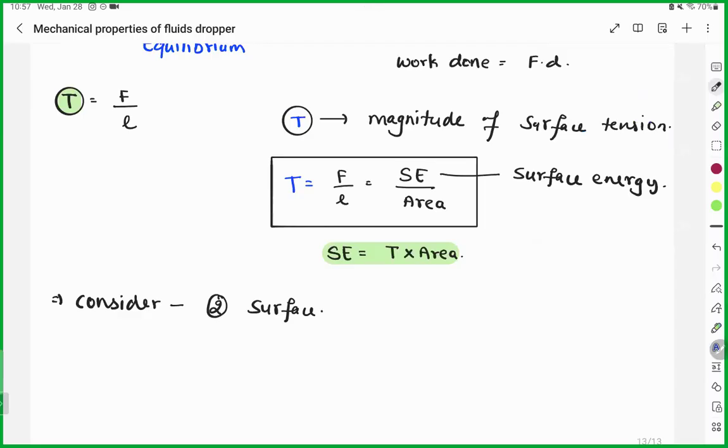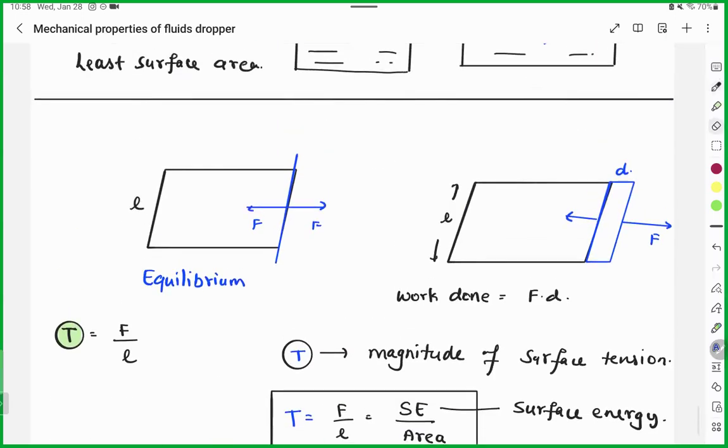If you consider the two surfaces, there will be surface tension multiplied by 2. What is the area? Length into width, d into L, because here we took this change d and this length L.